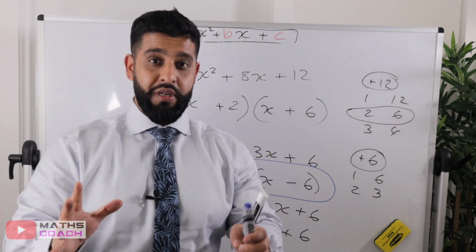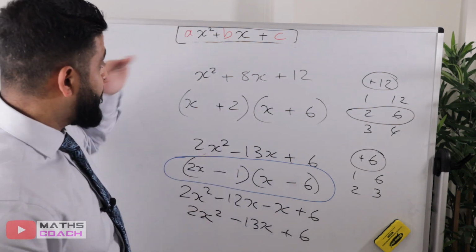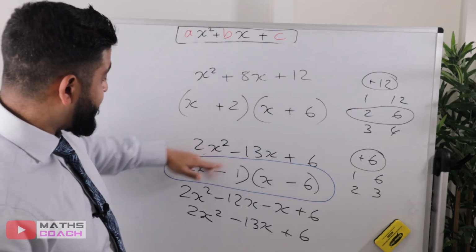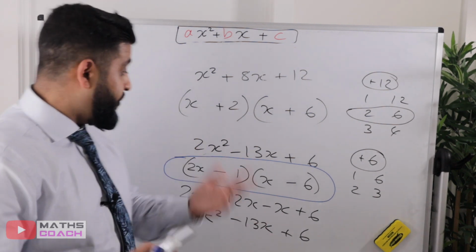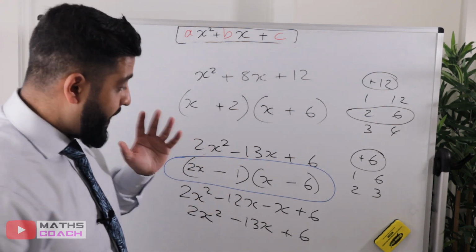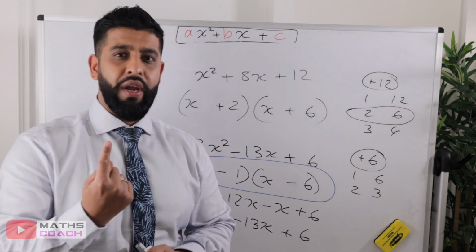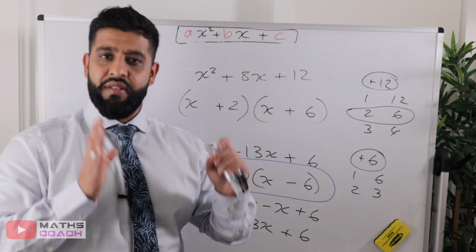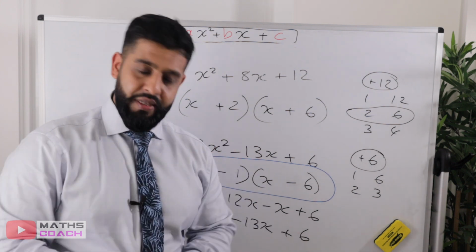My advice to you guys is use the AC method, because the AC method is going to get you these questions, and even when this number is greater than 2, it can be 3, 4, 5, whatever, okay? The AC method is the most robust way, and I find that students just need one method that is sorted for them, and they can rely on in that exam.